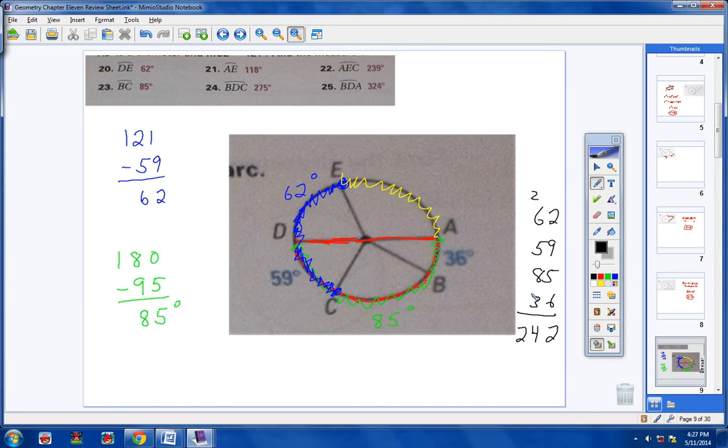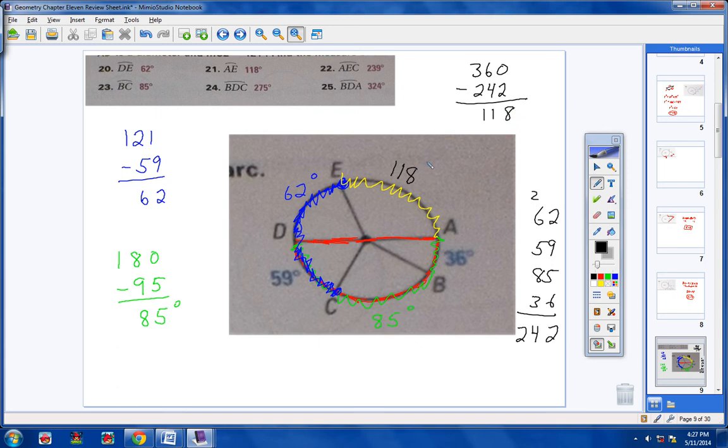Yes, that's right. So if I add up all of the arcs that I know, it's 242 degrees. And we know a circle all the way around has 360 degrees. So I'm going to take 360 and subtract out 242, and I would get, I think, 118 degrees. I did that quickly in my head. Let's see if that's right. 0 carry, yeah, that's correct.